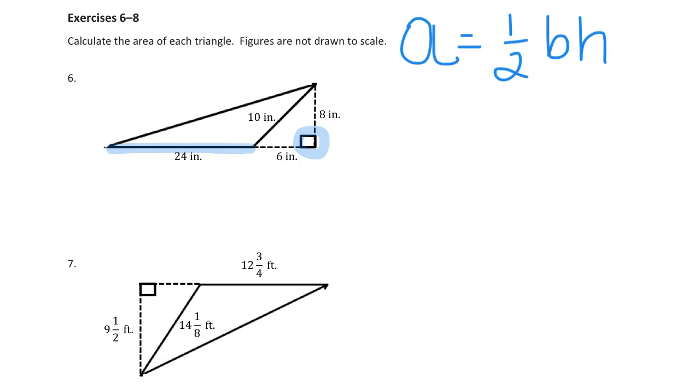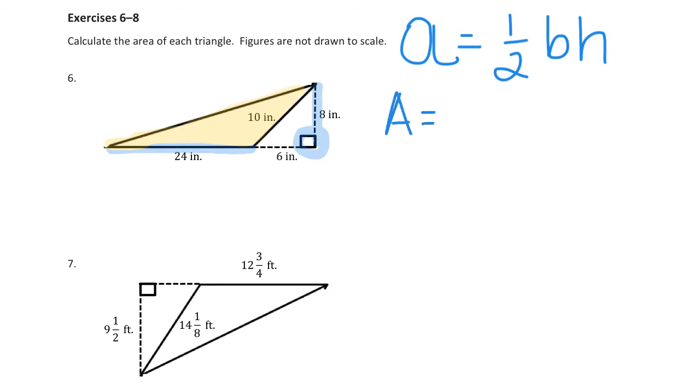My base is 24. I do not add the 6 to it because the 6 is not part of the actual triangle. Sometimes it is helpful to shade in the actual triangle to help you see it. If I do that, you can see that my base of the triangle is 24 and its height is 8.